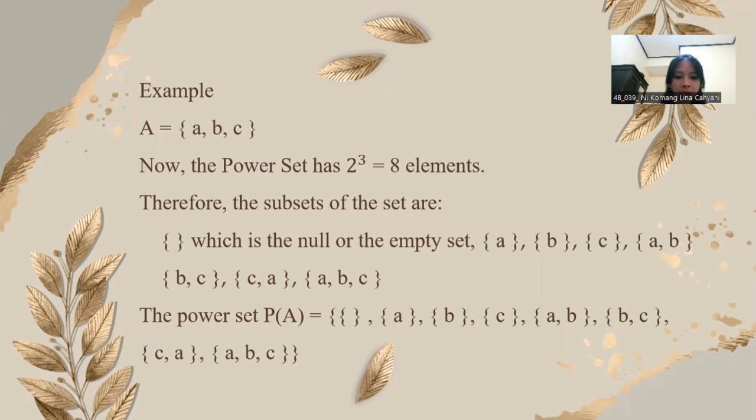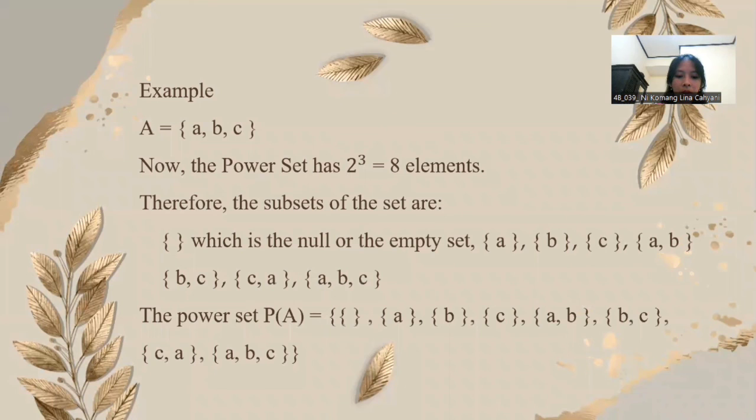So, there will be a total of 8 possible subsets, and if I write down all the possible subsets, first will be the null set, then we will have all the sets with one element each: a, b, c. Then we will have all the sets with 2 elements each: ab, bc, and ca. And then we will have the set with 3 elements: abc.